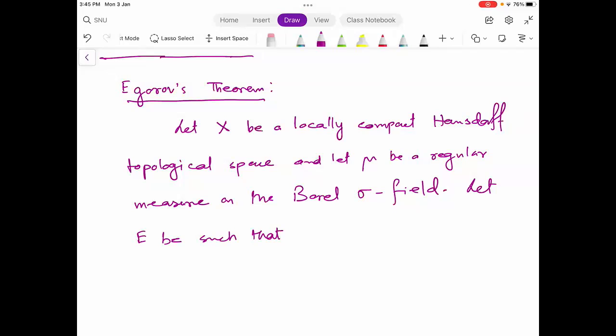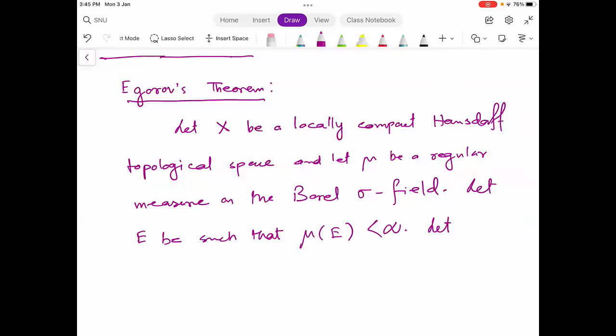These are properties of the Lebesgue measure. And then they were abstracted and one made a definition. Again, it's good enough to think of Rn with the Borel sigma field and Lebesgue measure. Suppose E is a set of finite measure.